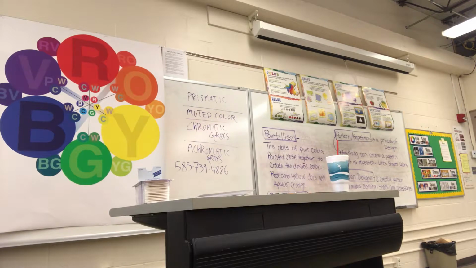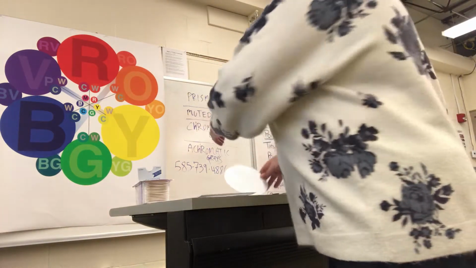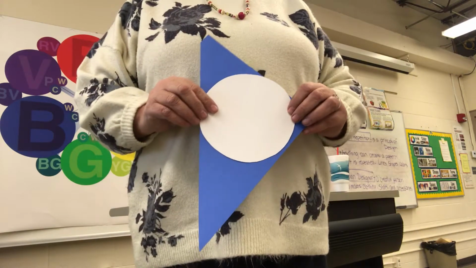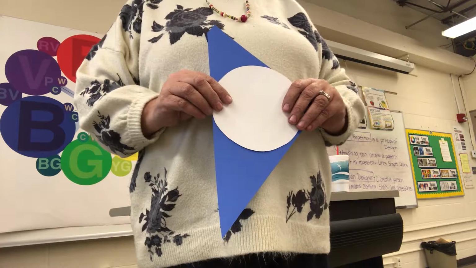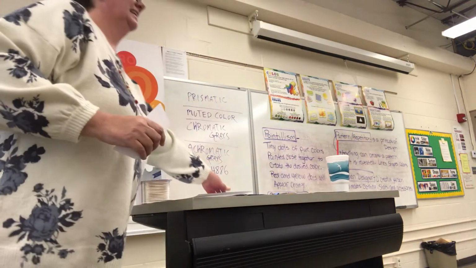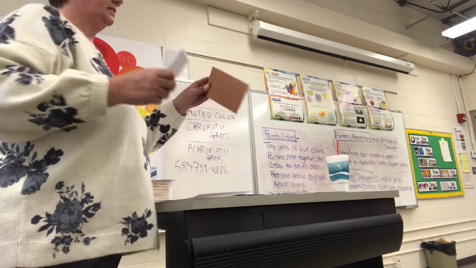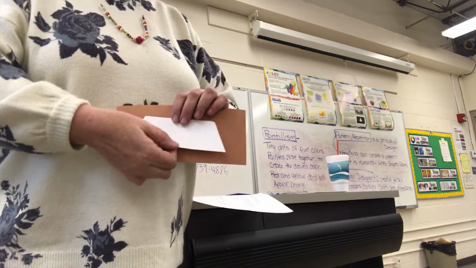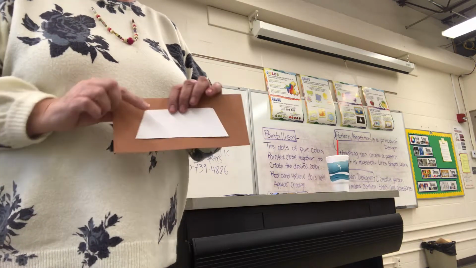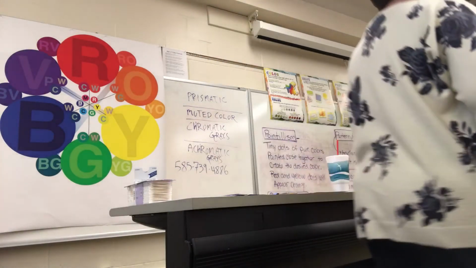When you get done, use your template, lay it on the blue paper, trace around it, and cut it out. Is it too big? You can get a different piece of paper. Then you're going to trace the base onto the brown paper and cut it out. You can use brown or black or any color.